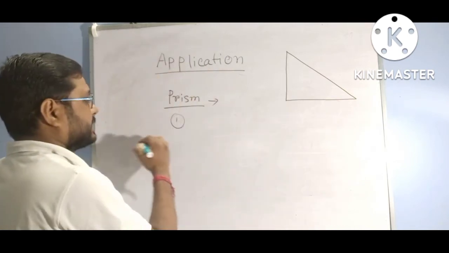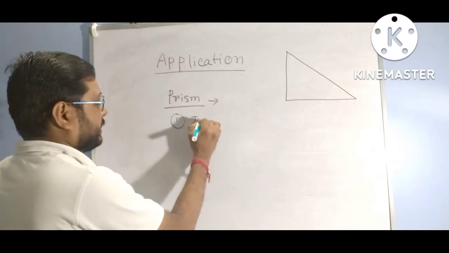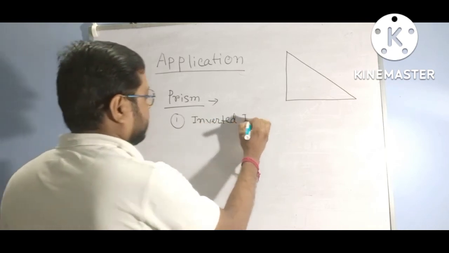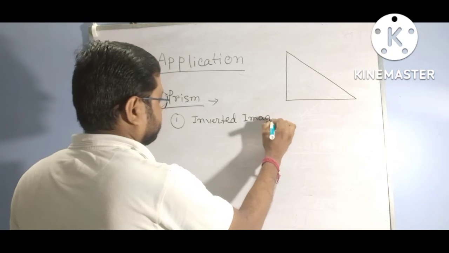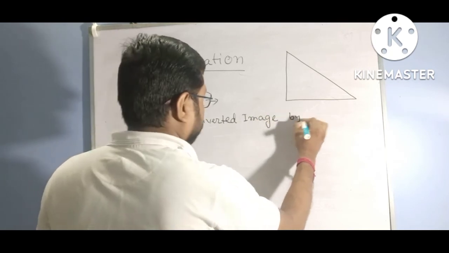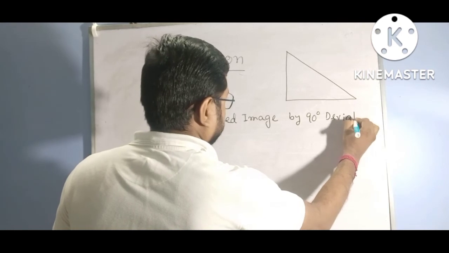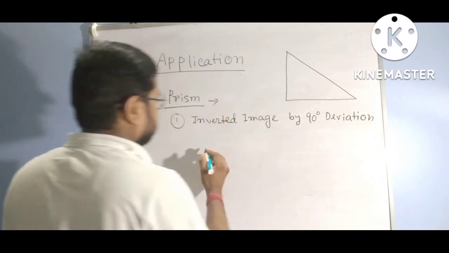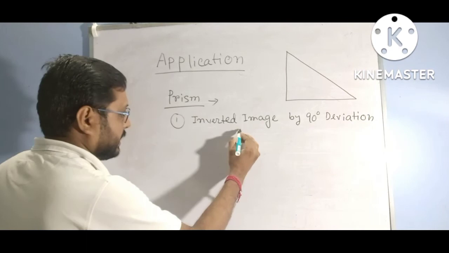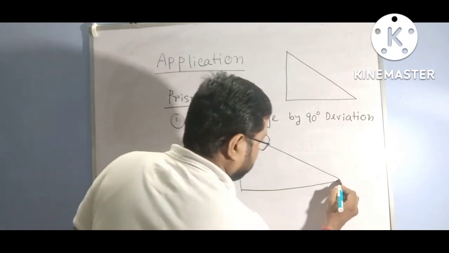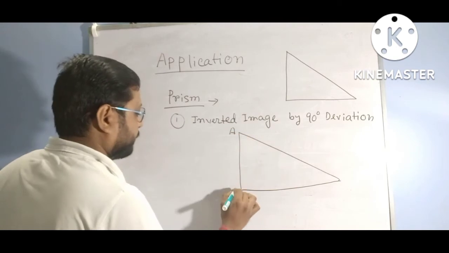So the first case is to get an inverted image by 90-degree deviation. This is a total internal reflecting prism.